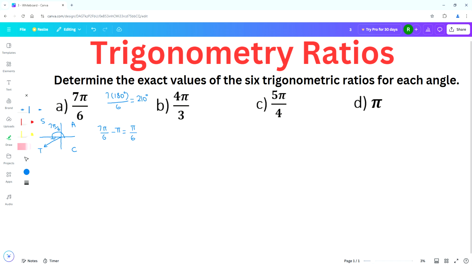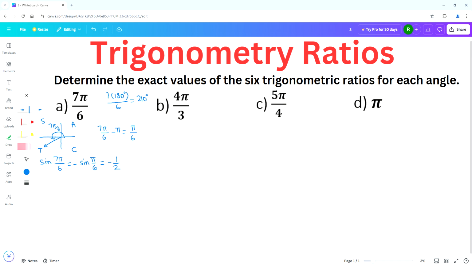Let's start with the sine ratio. In quadrant 3, sine ratio is negative. As per the special triangle for pi over 6, sine of pi over 6 is equal to 1 over 2. So the final answer is negative 1 over 2.